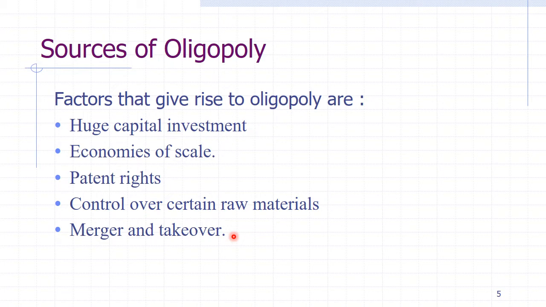Then again there may be few companies. No chance to have a lot of companies or firms inside this oligopoly structure. So these are the factors behind the oligopoly structure.